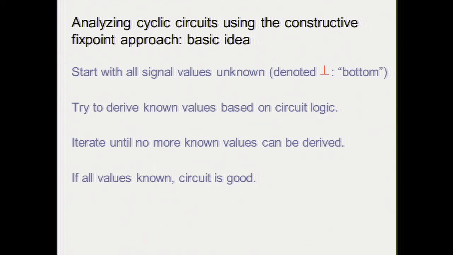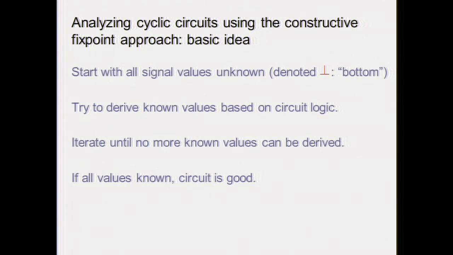The grinding machine is the following. You start with all the values of your circuit set to unknown. So I don't know if it is a 0 or 1, okay? Except the inputs that I know, right? And then I start propagating the signal around and see what happens to the unknown. Now, if I have unknown or 1, we know that the output is 1.